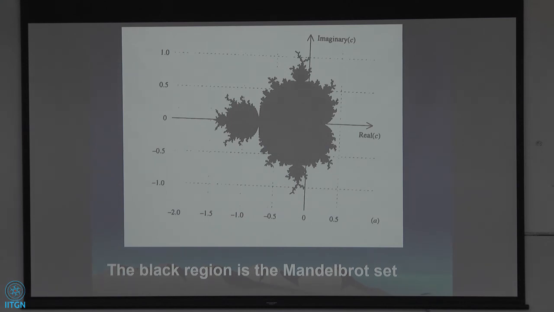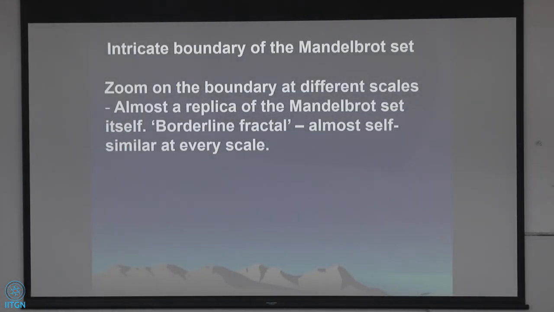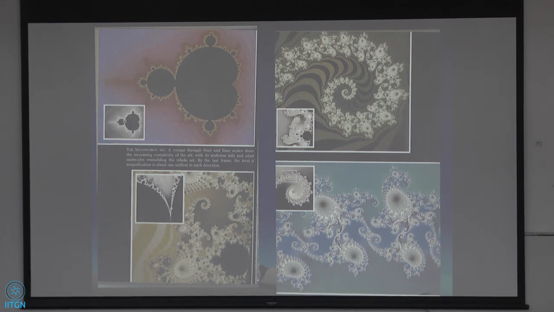The values of imaginary part of C and real part of C for which this does not go to infinity, these are the prisoner sets. And look at the boundaries. Actually, the black region is the Mandelbrot set, but the boundary of the Mandelbrot set shows a real fractal, a borderline fractal. This magnified region is here.